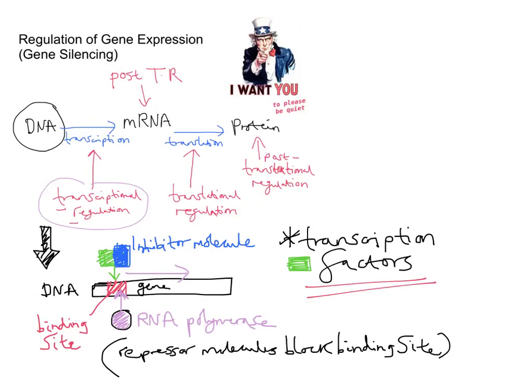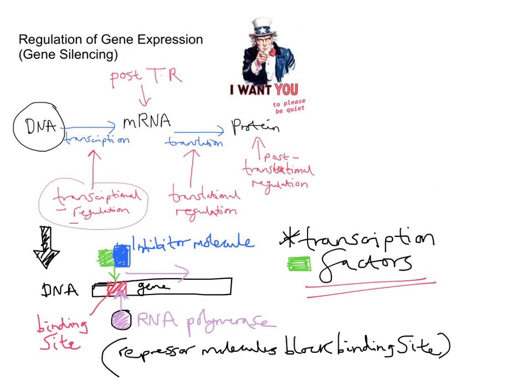Now, molecules like estrogen can diffuse through lipid cell membranes. Because they are lipid soluble, they can diffuse very easily through a lipid cell membrane and into the cytoplasm. And there, from the cytoplasm, can come and bind to receptors on transcription factors.